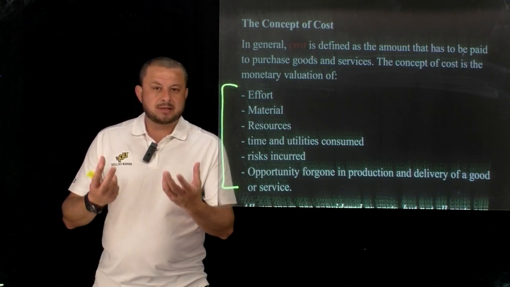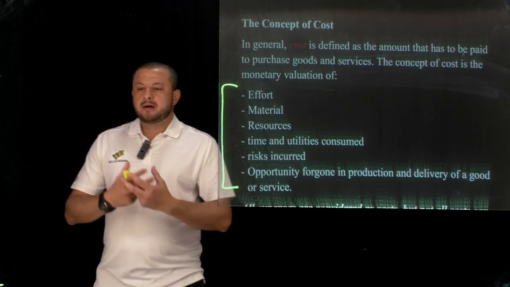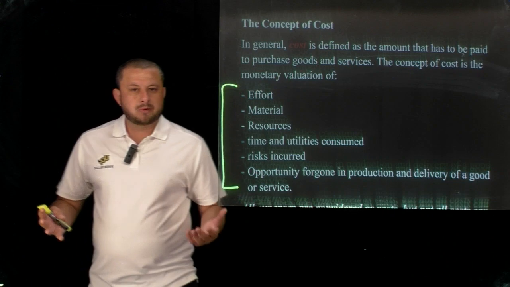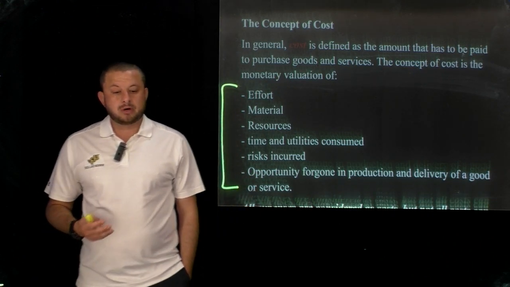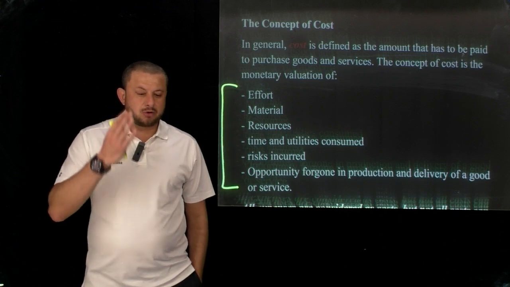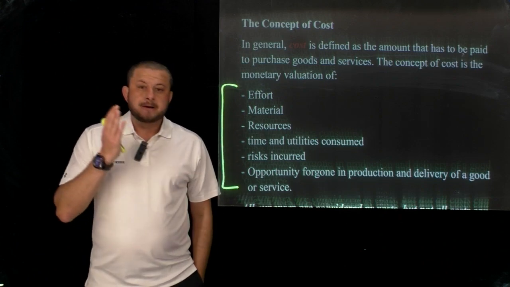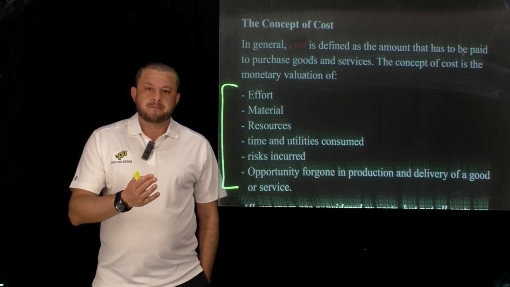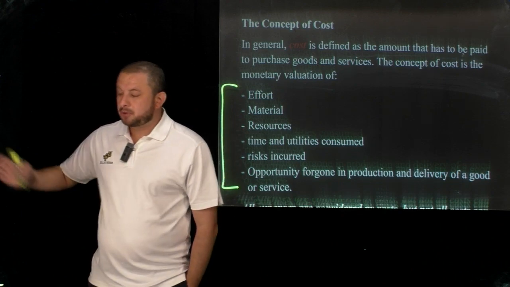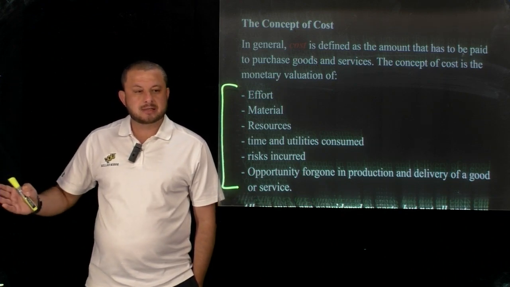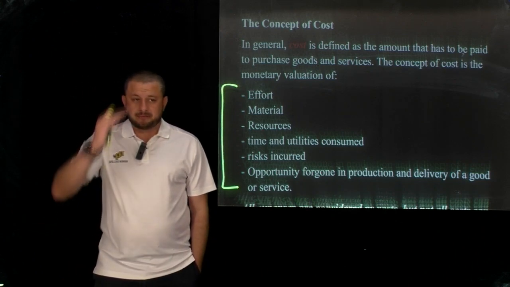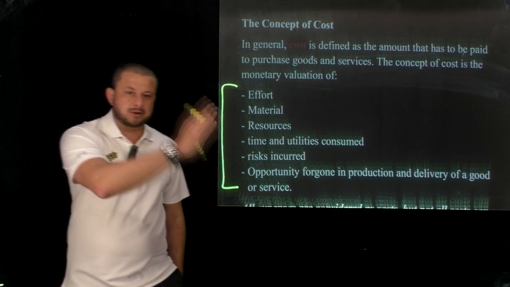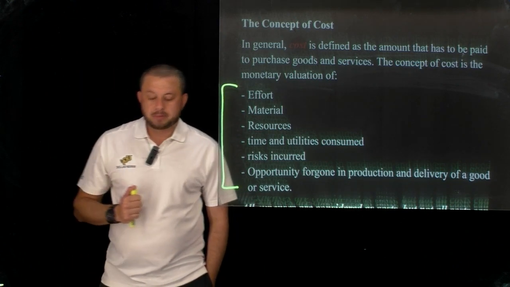Material is the product itself, the service itself, or anything you're buying. Resources: what are the resources? Your monetary values, your funds, the resources that you have to purchase the product you want in hospitality establishments. Time and utilities consumed. You can follow my lecture either here or in your printed document.